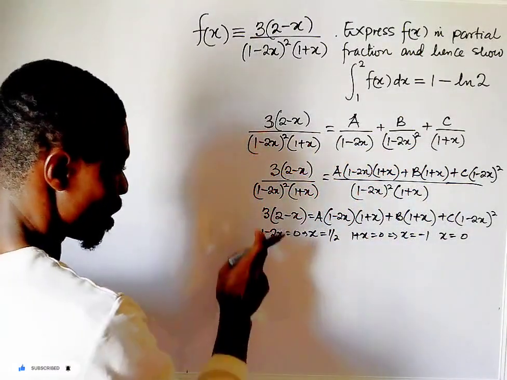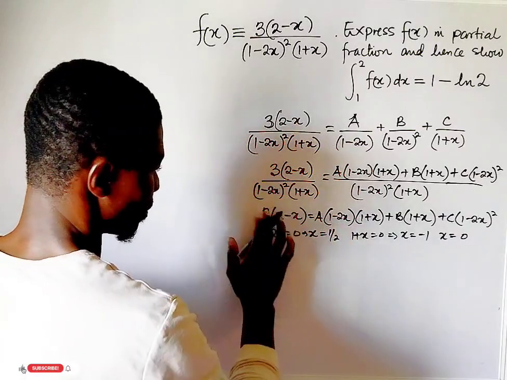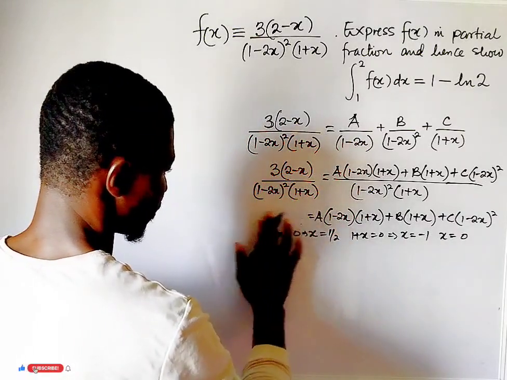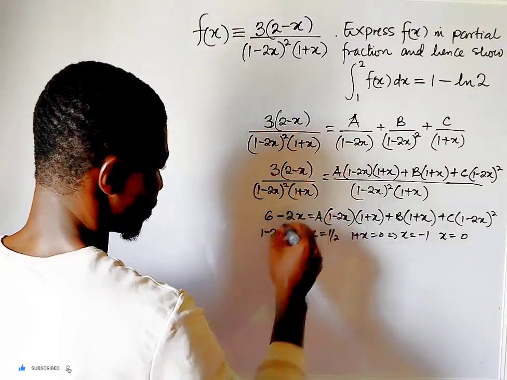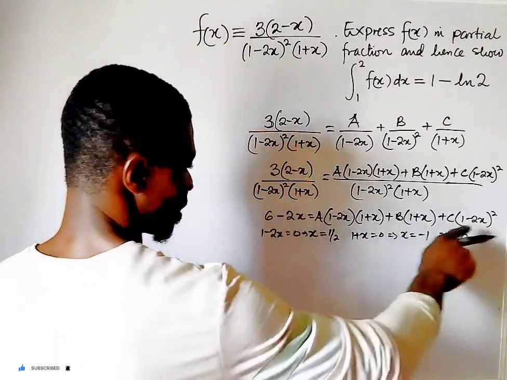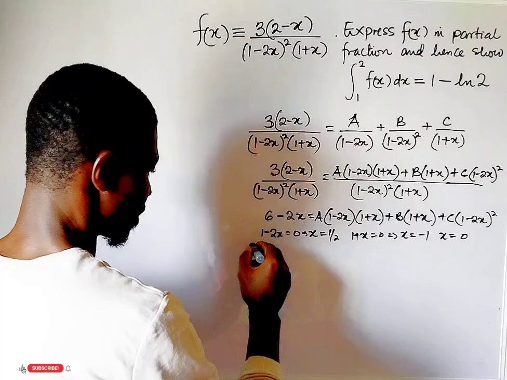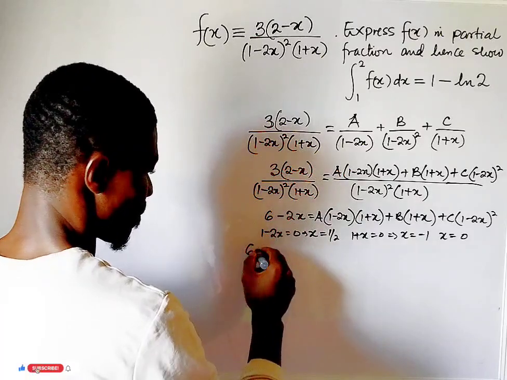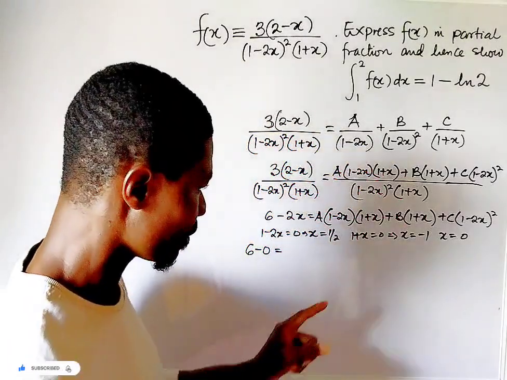For x equals 0, if you open this bracket here, we end up having 6 minus 3x. Alright, so plugging in 0 for x in the equation, we have 6 minus 0, then equals, now let us be careful here.